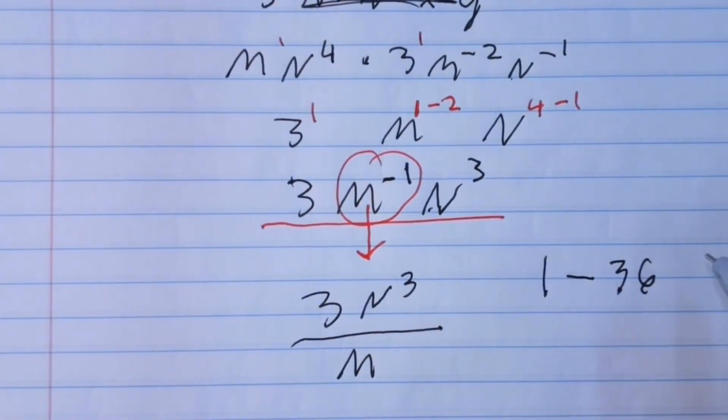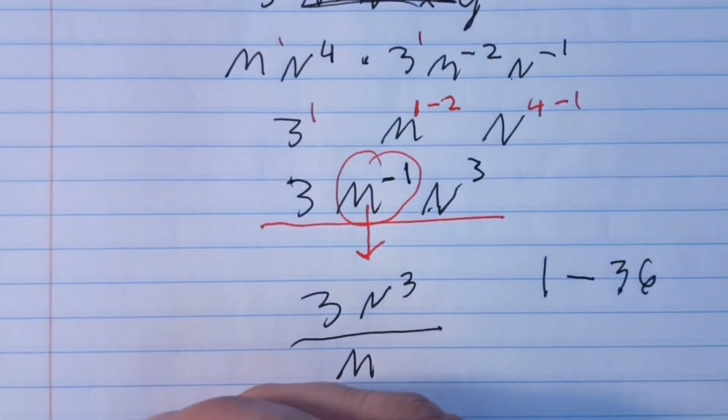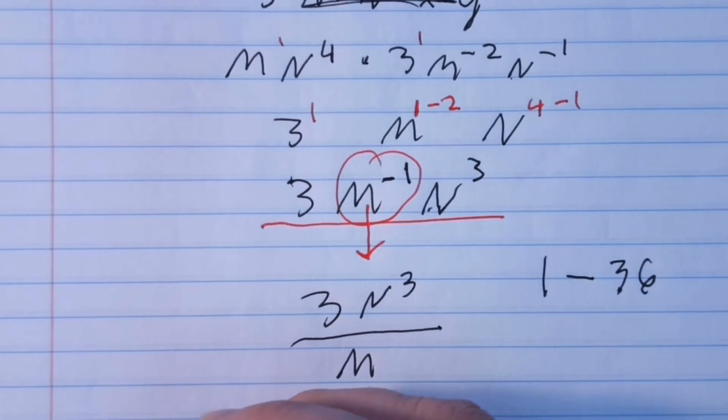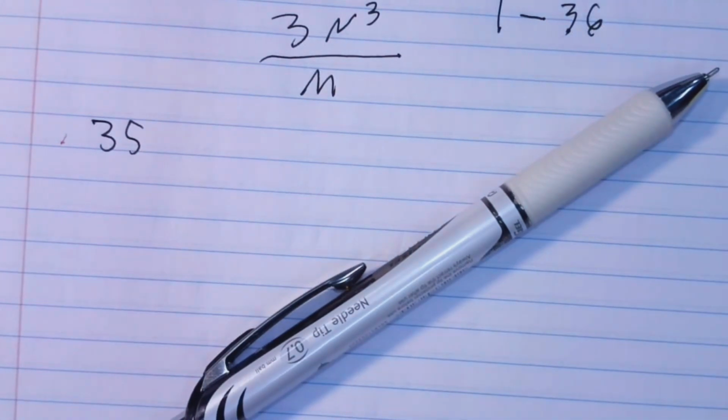In a little bit, there's one of these that's pretty confusing looking. I'll probably do 35 for you guys in a second. All right, let's try to get this done.